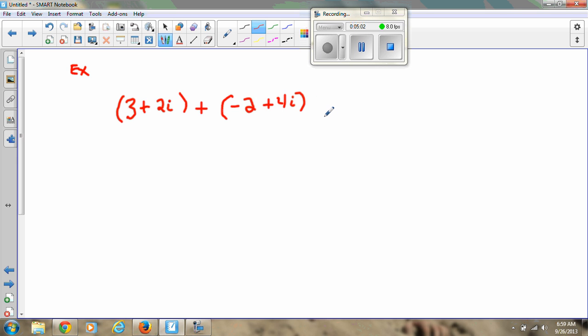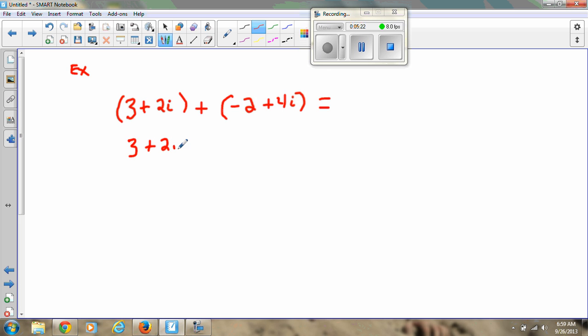Well, the beautiful thing about complex numbers is they're handled just like polynomials. This is essentially adding two binomials. So if you dig back to Algebra 1 and remember polynomial operations, we're going to do the same thing. And the key step to polynomial operations is simply combining like terms.